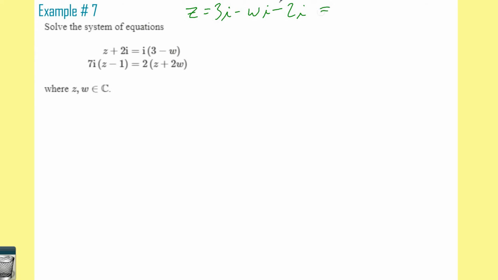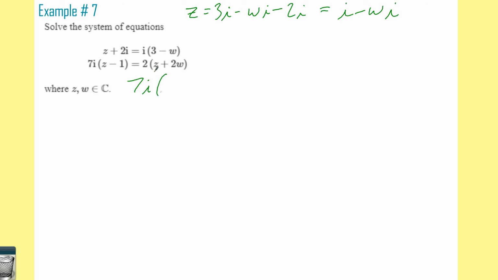I can combine like terms, so I'm going to get i minus wi. Then, since that's z, I can plug that into both sides here.